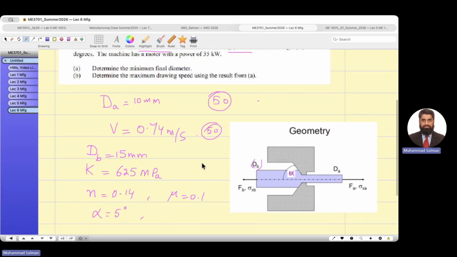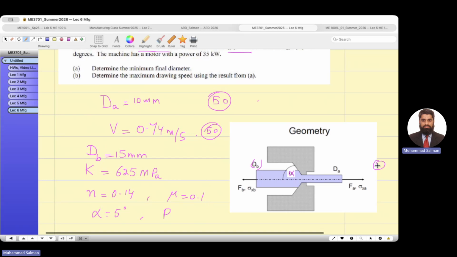The machine has a motor with a power. There's a motor which is pulling this wire over here with some mechanism, and the power of the motor is 35 kilowatts. And the question is, find the minimum diameter dA.